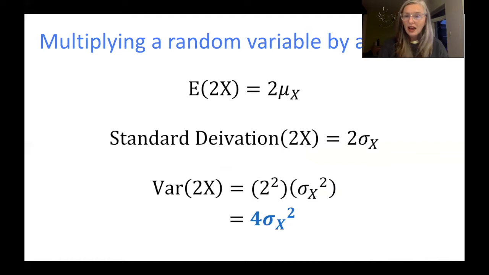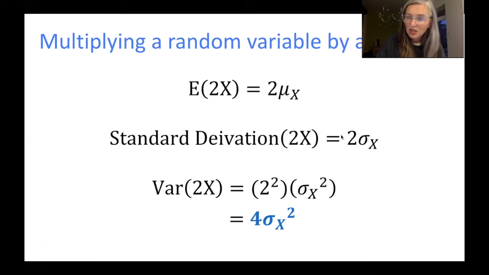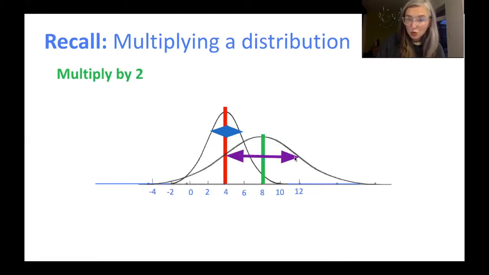If I'm looking for an expected value, and remember, expected value is just the mean of random variables, and I'm saying, okay, twice as much. Well, the mean is twice as much. The standard deviation is twice as much. But the variance is not twice as much, okay? So when I multiply times 2, my standard deviation gets multiplied by 2, stretching it out twice as big.